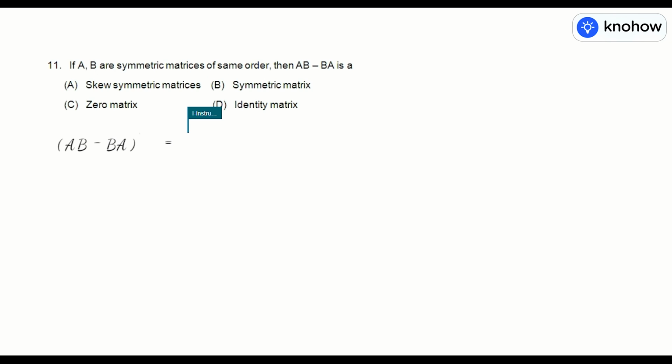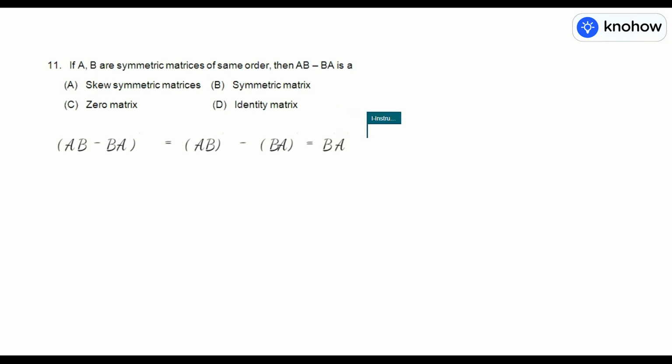So you know the transpose of difference of two matrices is separately the difference of their transposes. So I can write (AB minus BA) dash is (AB) dash minus (BA) dash. Now (AB) dash, that is the transpose of the product, will be the product of their transposes but in the reverse order.